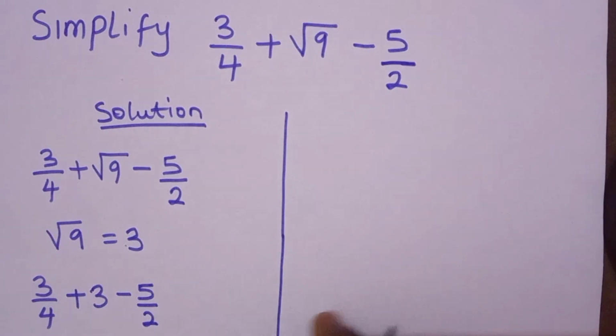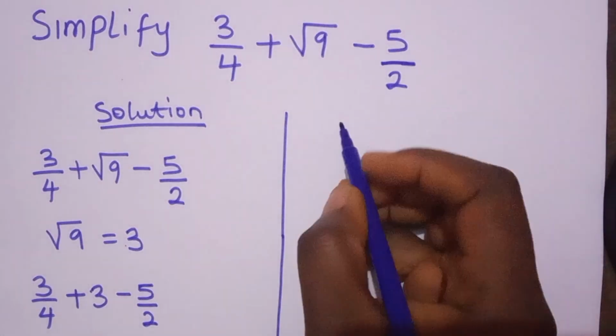The next step, we find a common denominator. But if you check here, we have 4 and 2 as the denominator. So we are going to find a common denominator that, if we divide through, will give us this same value given.